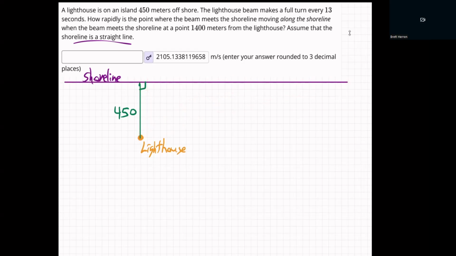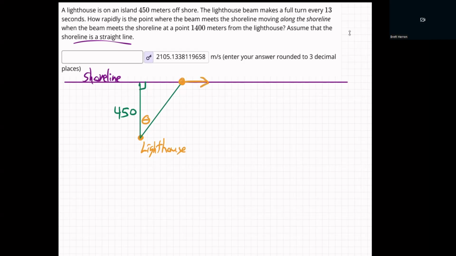Okay. And the beam, it's going around and it's moving, right? The light beam is moving like that, and there's some angle theta here. The light beam is moving that direction.